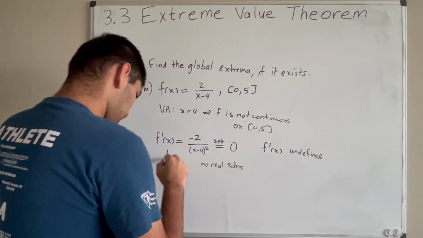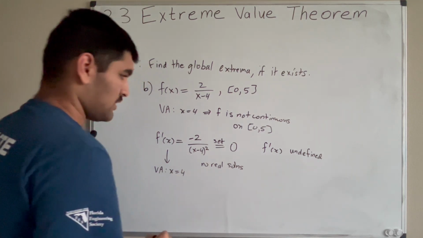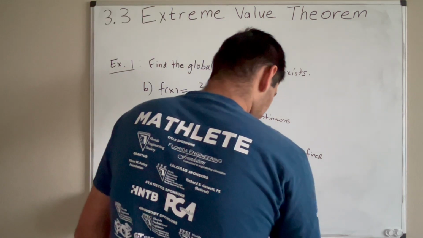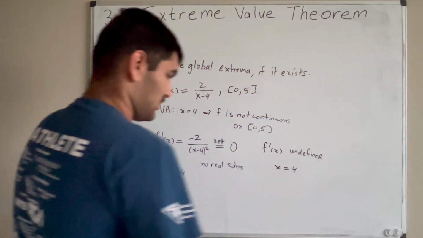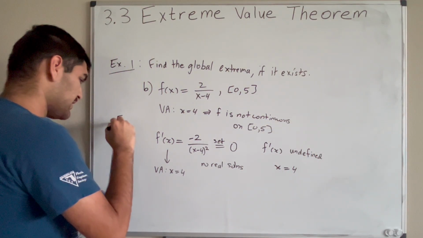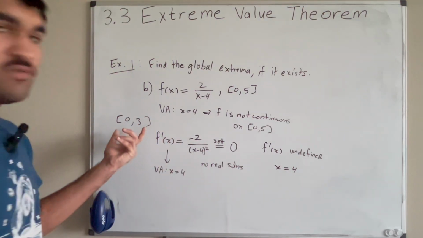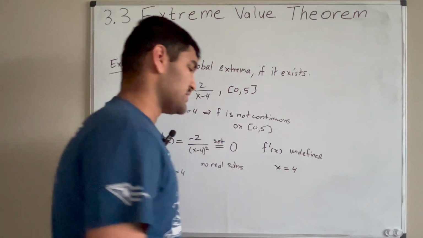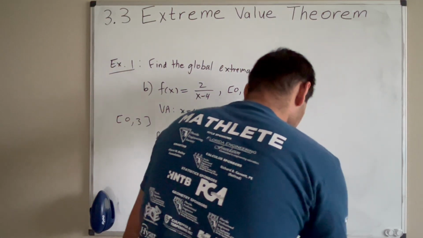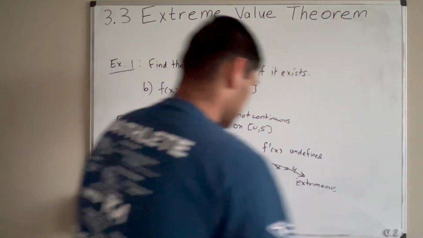So we get that x equals 4 is when f prime of x is undefined. However, we were looking at the interval from 0 to 3, right? So is x equals 4 in this interval? No. So therefore, you can think of it as an extraneous solution. You don't care about this because it's not in the interval that we're interested in.